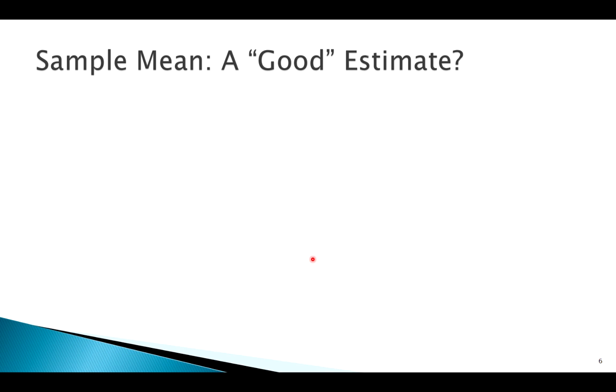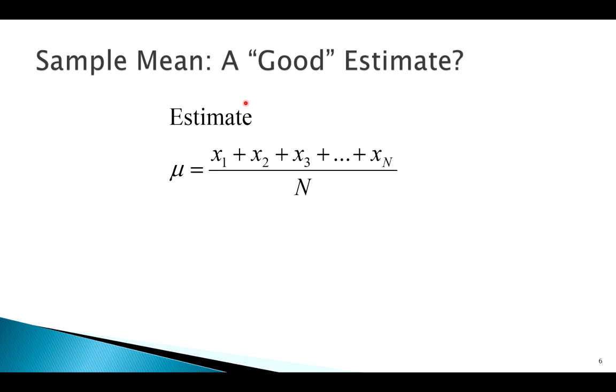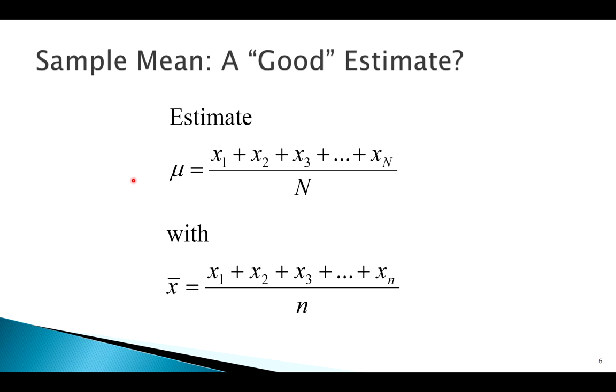All right, so let's think about, well, would this sample mean be a good estimate? We got to think about, okay, well, what do we mean by good? Right, so we'll talk about that. Right, but let's just think about, we know how to calculate these things. Let's just look at their formulas. So here is our population mean formula.